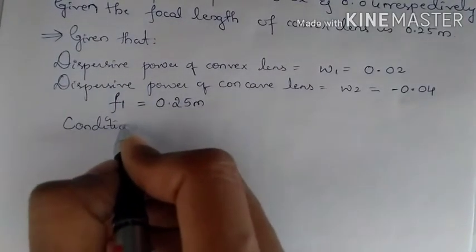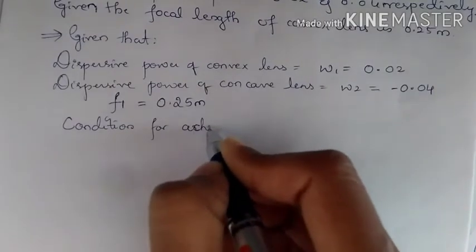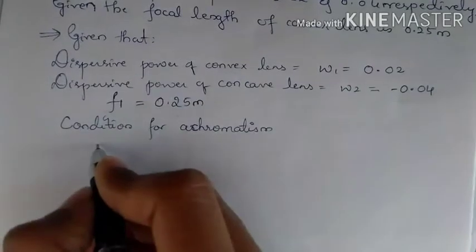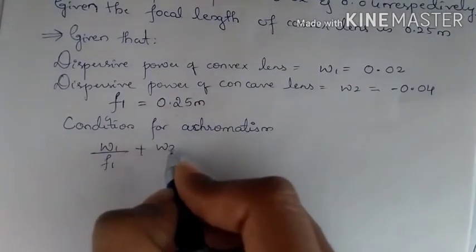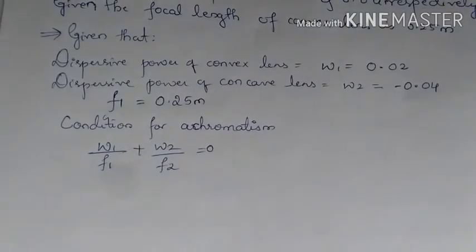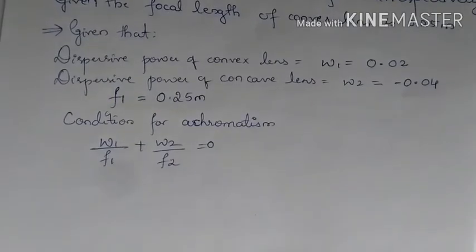Condition for achromatism. Again, it is omega 1 by f1 plus omega 2 by f2 is equal to 0. This you can rewrite in the form of f1 by f2.